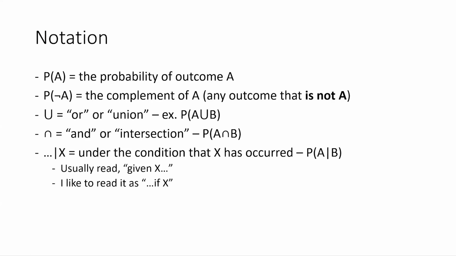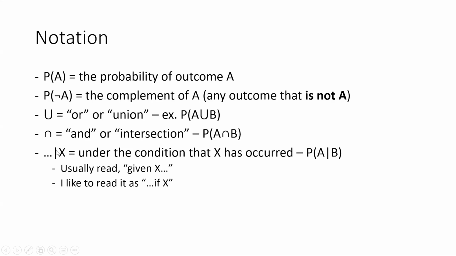The big U is or union. So in this example, we have the probability of A or B. This kind of like upside down U is and or intersection, and this would be the probability of A and B happening.